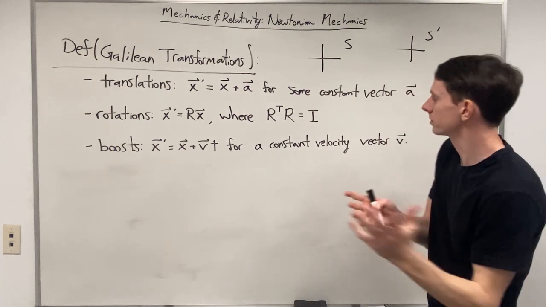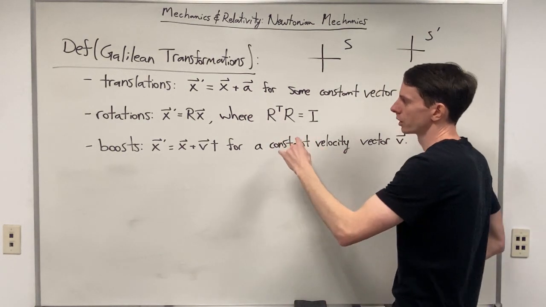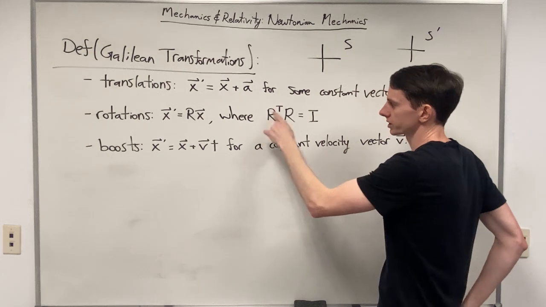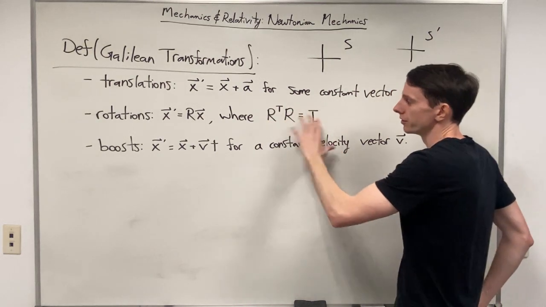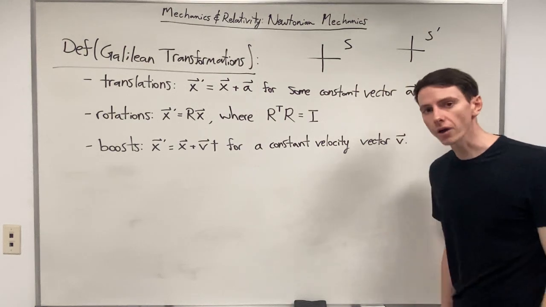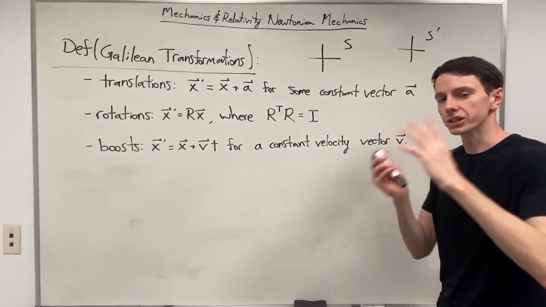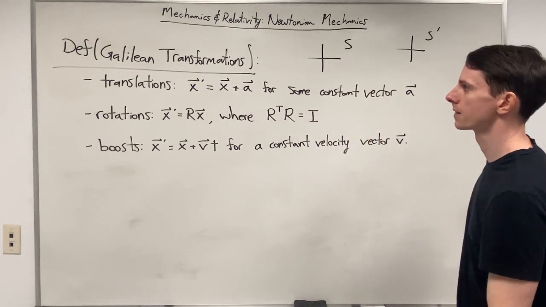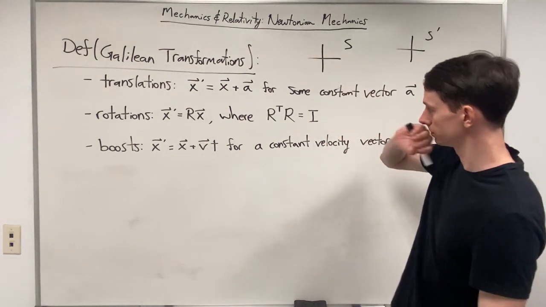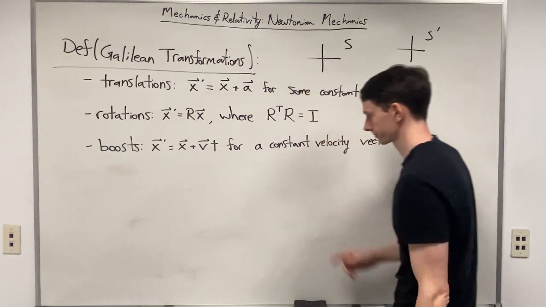And hopefully you're aware that this condition, where the transpose of a matrix times the matrix itself equals the identity, is the condition for an orthogonal matrix. And orthogonal matrices could be rotation matrices or reflection matrices as well. Galilean transformations are primarily concerned with rotation matrices.